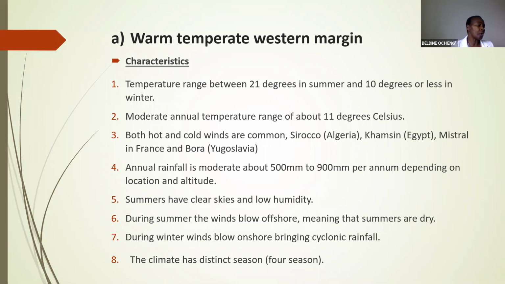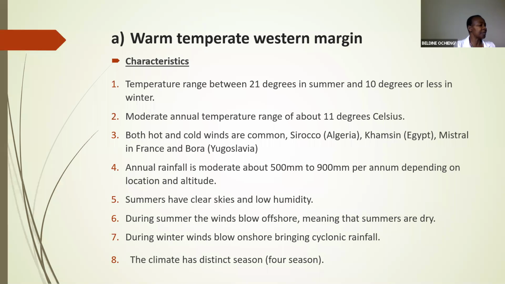Both hot and cold winds are common: Sirocco in Algeria, Khamsin in Egypt, Mistral in France, and Bora in Yugoslavia. These are common local winds, but they have different names in different countries. These winds are hot and dry.